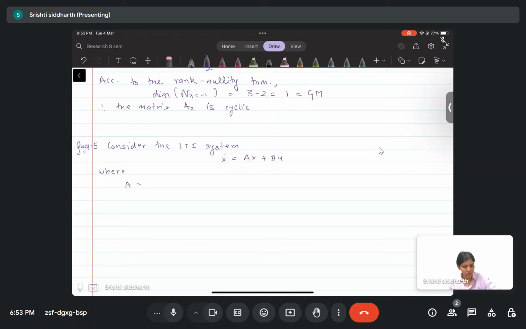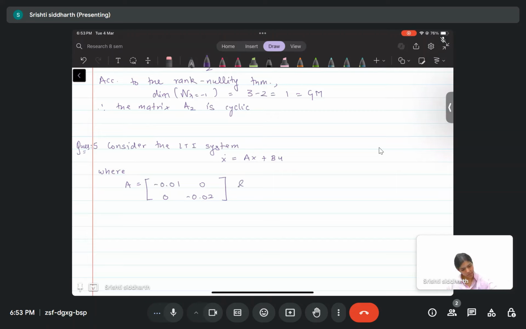A equals -0.01, -0.02. This is a diagonal matrix, so the eigenvalues are simply -0.01 and -0.02. So therefore, the matrix A is Hurwitz.